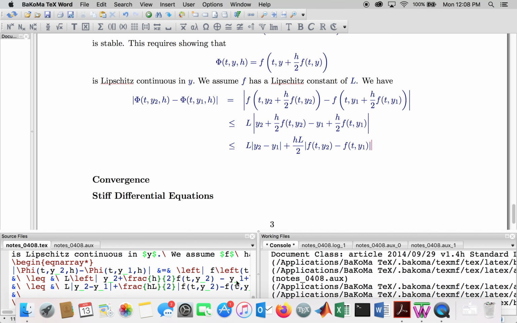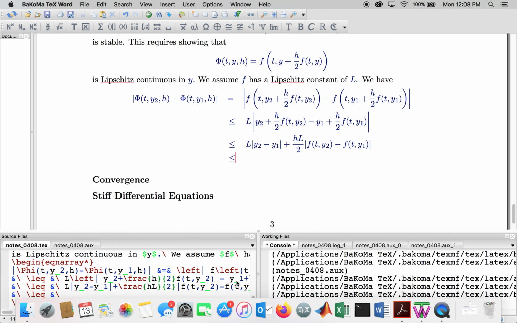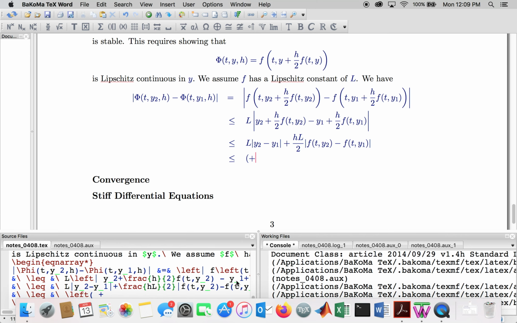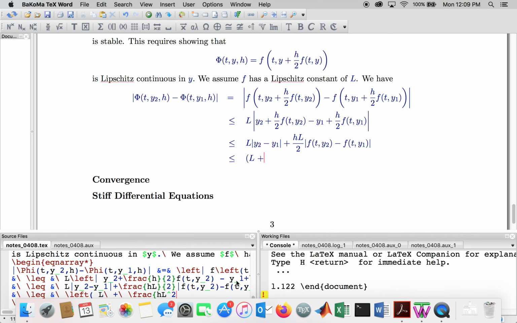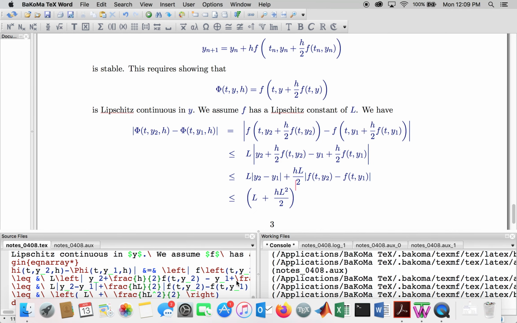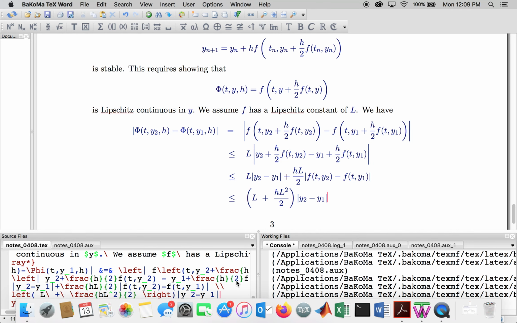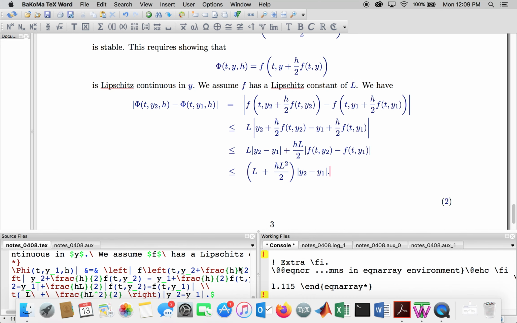So if I put everything together, I have L plus hL squared over 2, times y2 minus y1. And that is enough.